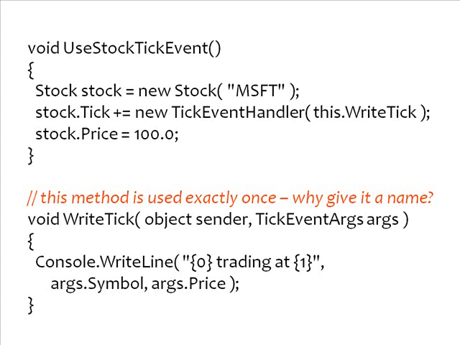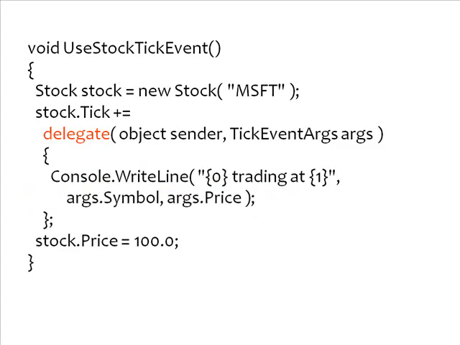Now here's the point. If writeTick is being created as a method to be passed into the tick event handler constructor in exactly one place, why am I having to create a method separate and give it a separate name? Why can't I let the compiler do some of that lifting for me? And so here is the anonymous method version.